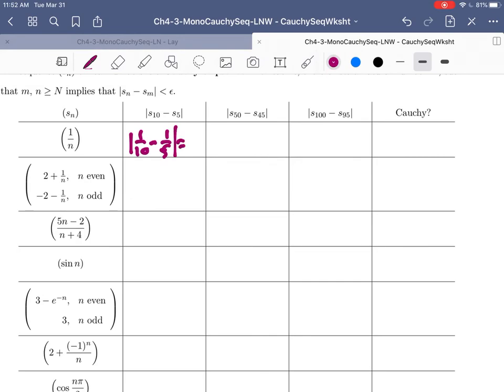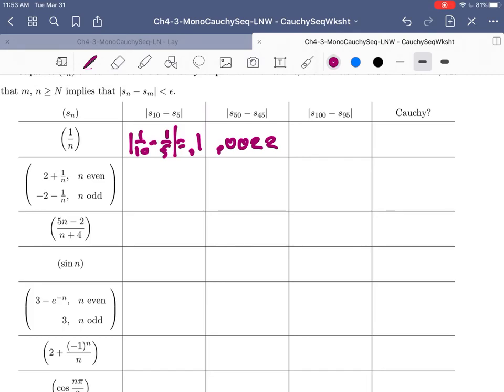that absolute value is 0.1. If we look at the 50th term minus the 45th term, we get something like 0.0022. That would be 1 over 50 minus 1 over 45.